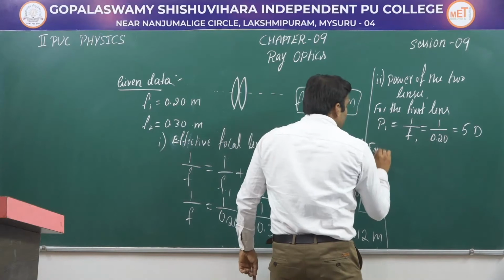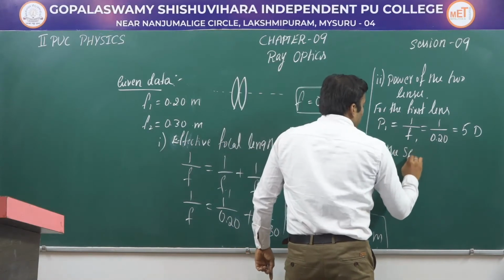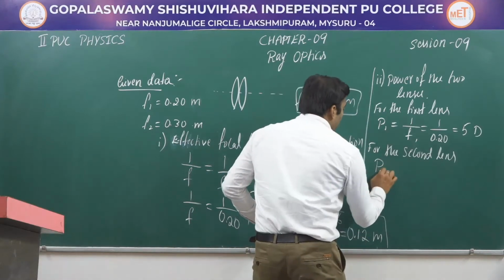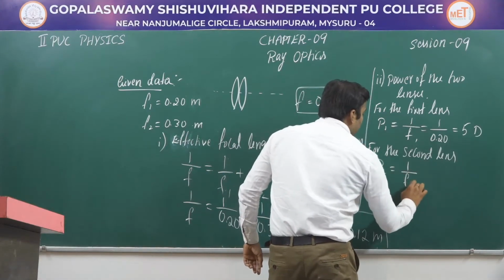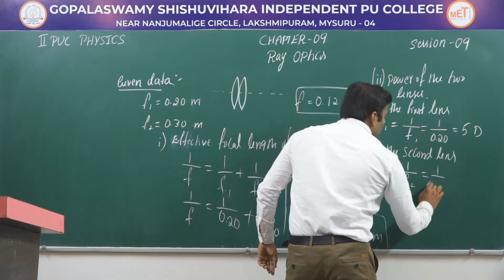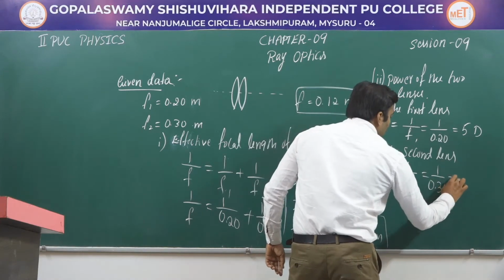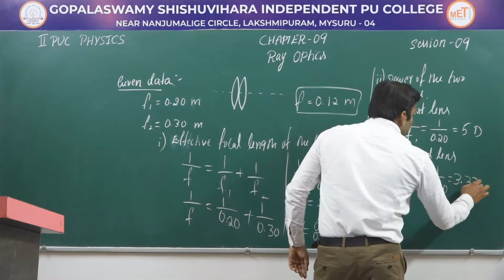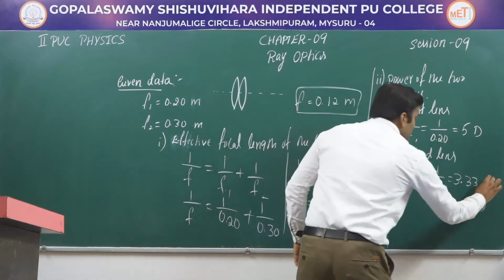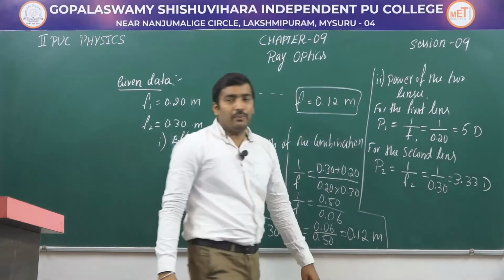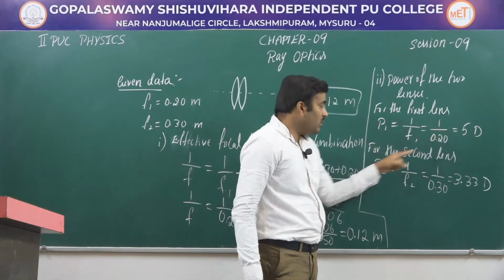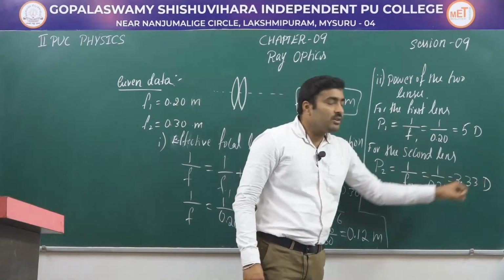Next, for the second lens, power is equal to 1 by f2. So this is 1 by 0.30 and this will give us 3.33 recurring, so 3.33 diopter. So the power of the individual lenses, P1 is equal to 5 diopter and P2 is equal to 3.33 diopter.